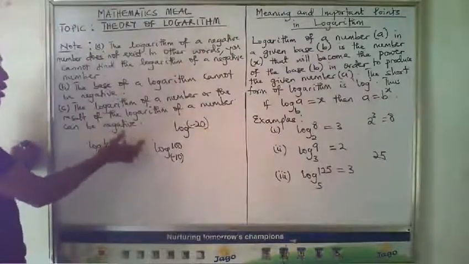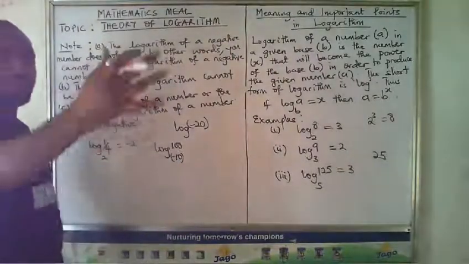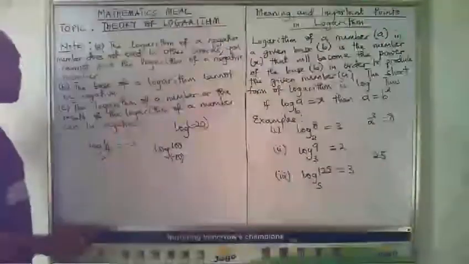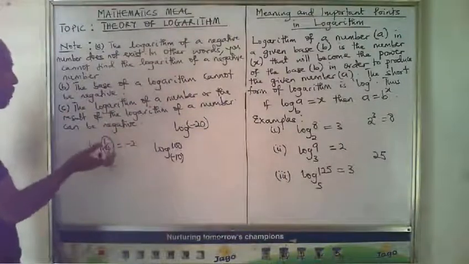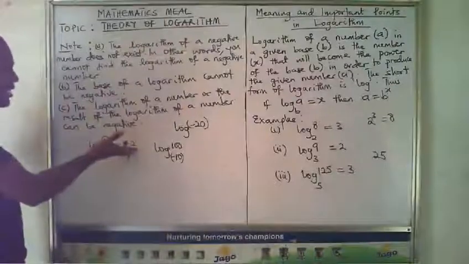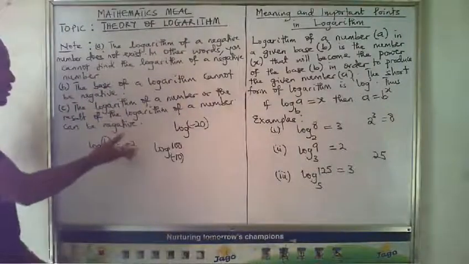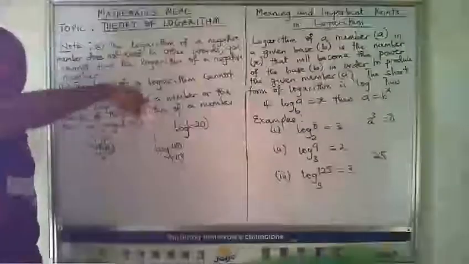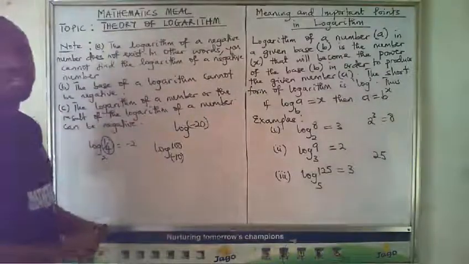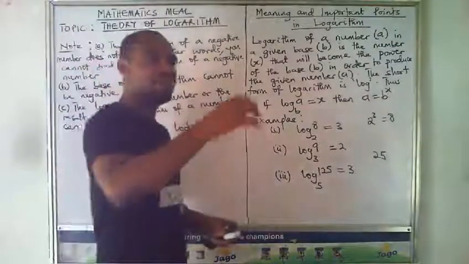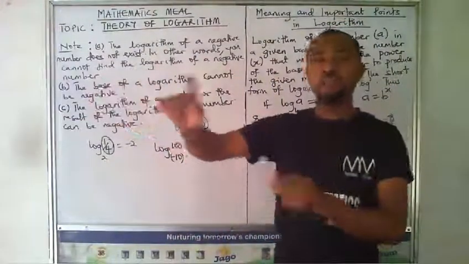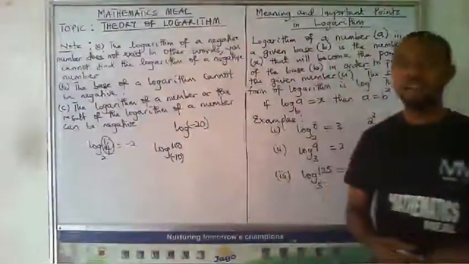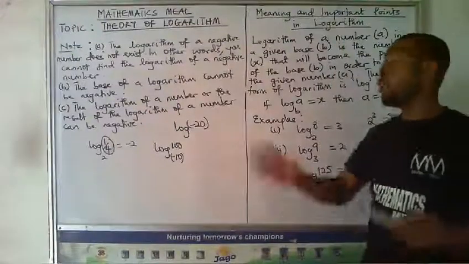Don't ask me how we'll arrive at this. By the time we begin to solve problems in logarithm, we'll see that. It's possible that we can find the logarithm of a positive number and the answer is negative. The answer of a logarithm can be negative, but you cannot find logarithm of what? A negative number. If the number is negative, you cannot find its log. But it's possible that you can find log of a number and the result, the answer, will now be what? Negative.